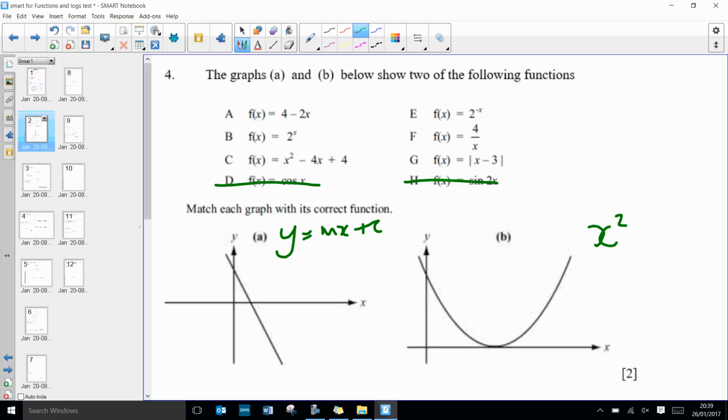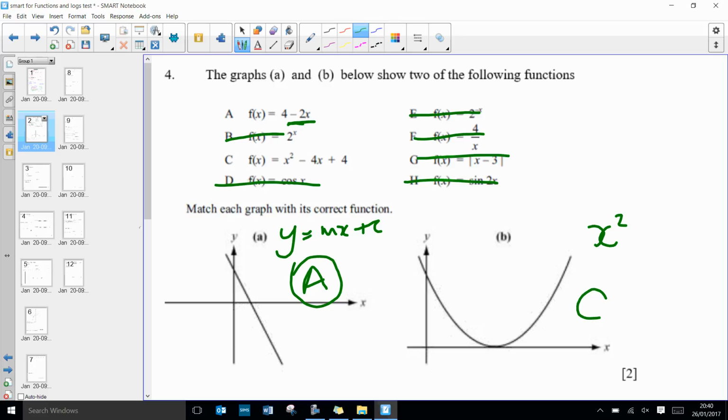So essentially that wipes out all of them, which makes this one graph A and this one graph C. This one would be A because we can see our gradient is negative 2 and it has a y-intercept of 4.